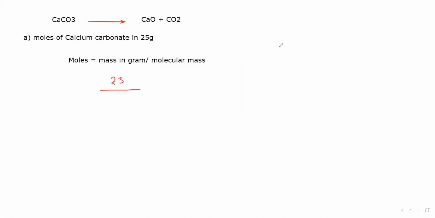Molecular mass of calcium carbonate: calcium is 40, carbon is 12 and oxygen is 16. So mass of calcium carbonate, calcium is 40 plus carbon is 12 plus oxygen is 16 multiplied by 3. So that will be 100. So 25 divided by 100, that's equal to 0.25 moles. So these are the moles of calcium carbonate.